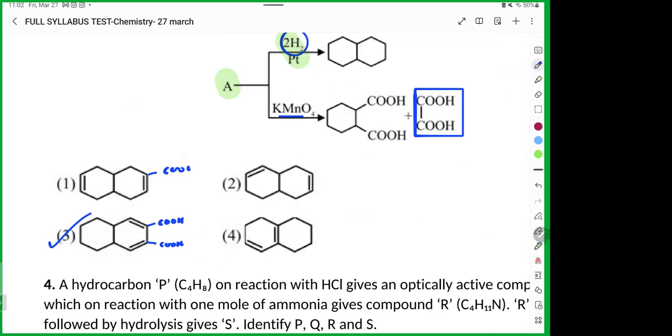You will add COOH here, here, and then here and here. Same, correct? It's more about where you are positioning it. Any doubt? No, sir.